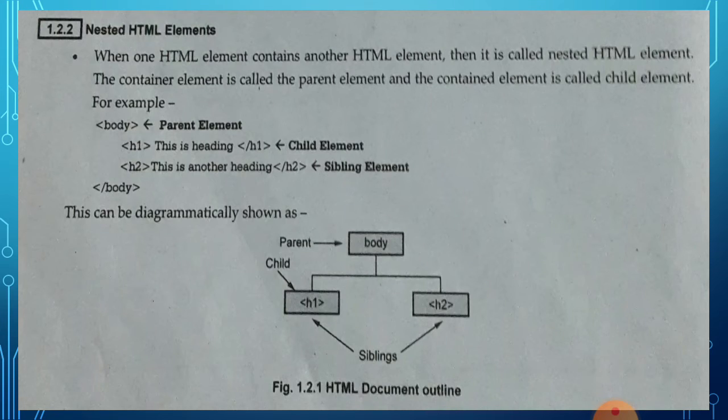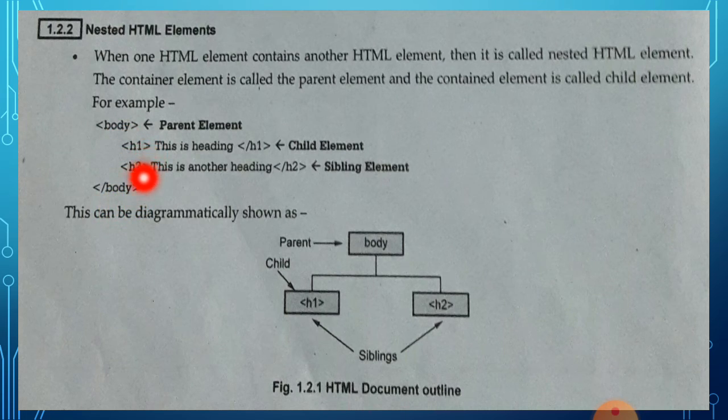Next we learn nested HTML elements. When an HTML element contains another HTML element, it is called a nested HTML element. For example, in this case body is an HTML element, and we are closing the body here.